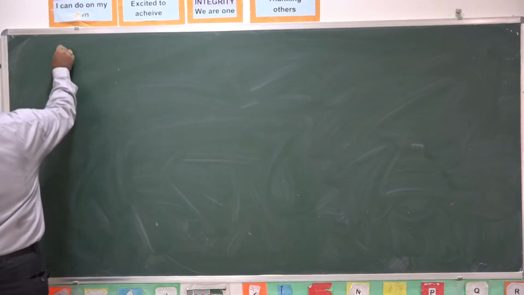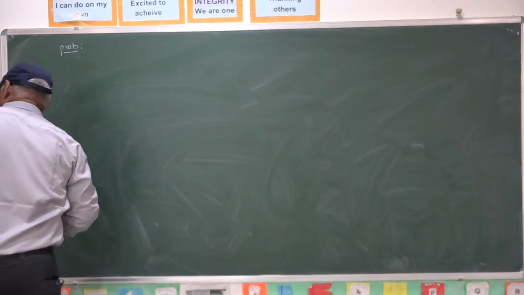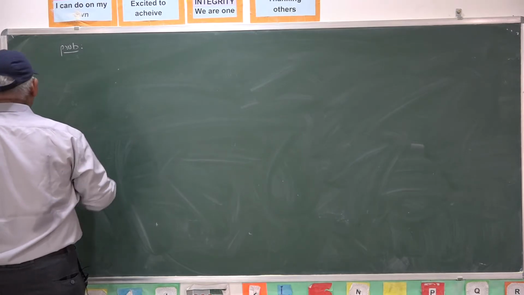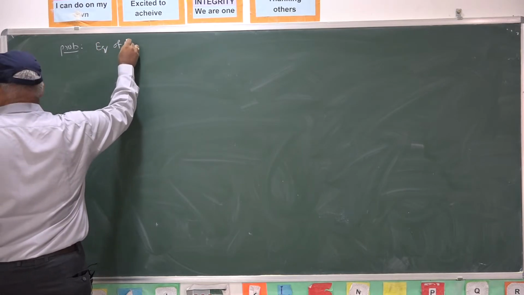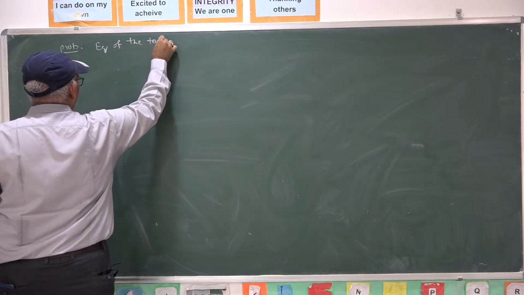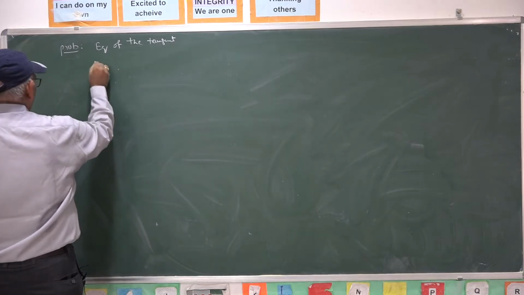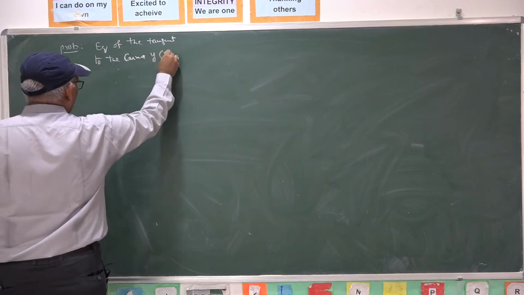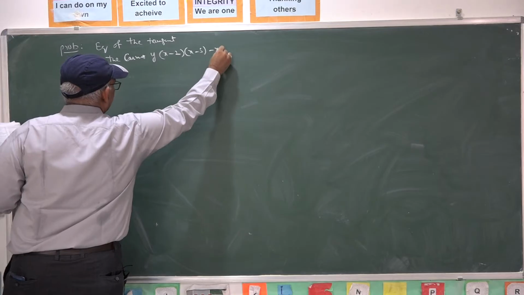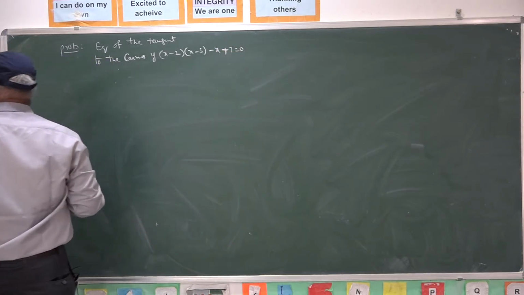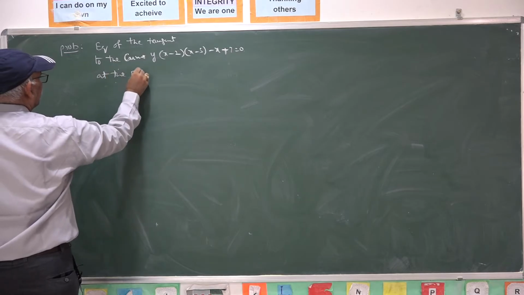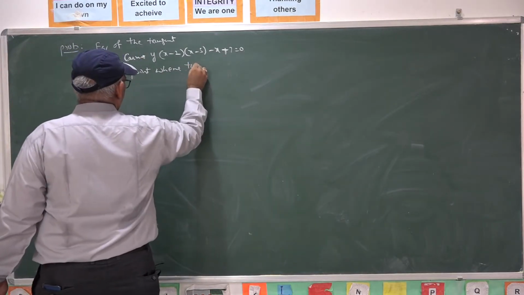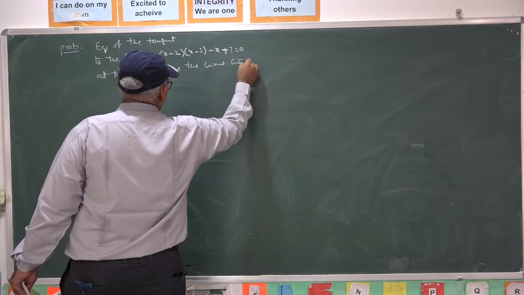Next problem. Equation of the tangent to the curve y(x minus 2)(x minus 3) minus x plus 7 equal to 0 at the point where the curve cuts the x-axis.